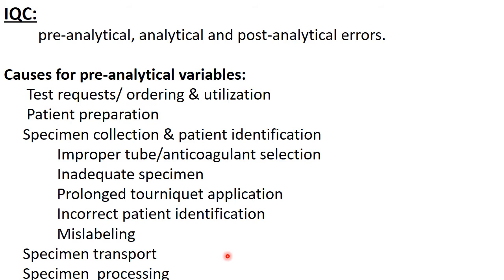So as already told, teamwork is very important here. To monitor and control these errors, it is necessary to understand each step involved in the laboratory investigation, each of which can be a potential source of error.